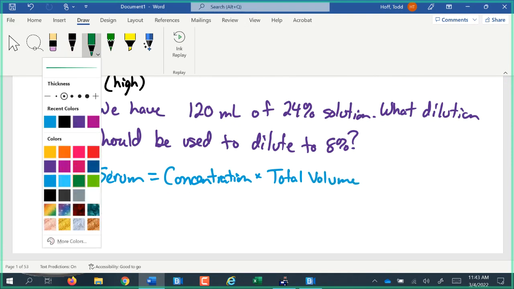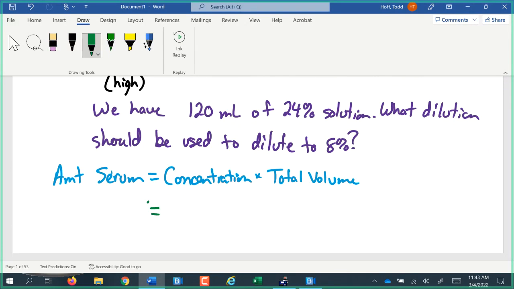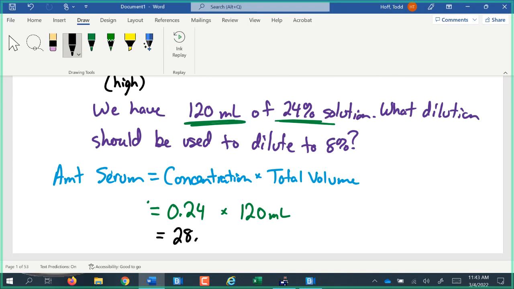So for this example here, the concentration is 24%, so that's 0.24. And the current volume, the total volume, is 120 milliliters. We multiply that out, 0.24 times 120 gives us 28.8 milliliters of serum.